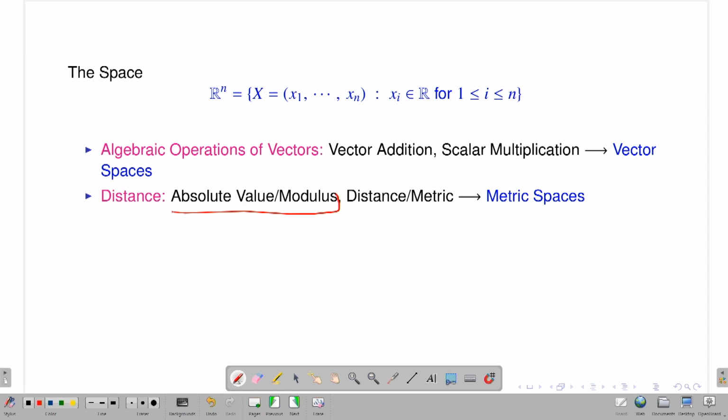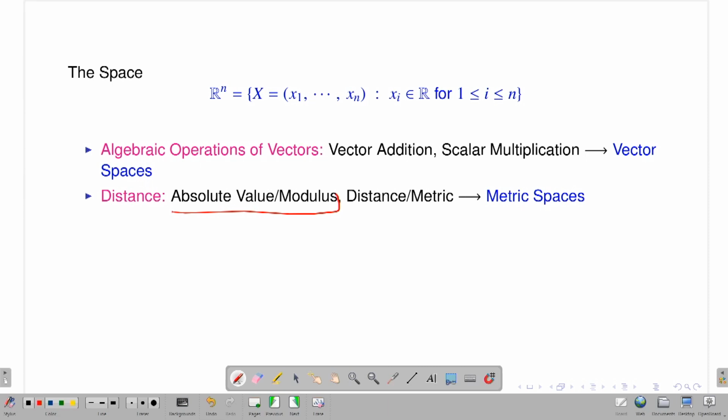The absolute value or modulus can be generalized to the concept of distance between two points or two elements. That distance is called a metric. This concept is generalized as a metric space, which is used to study the convergence of sequences. It is also used to study limits of functions, continuity of functions, etc.